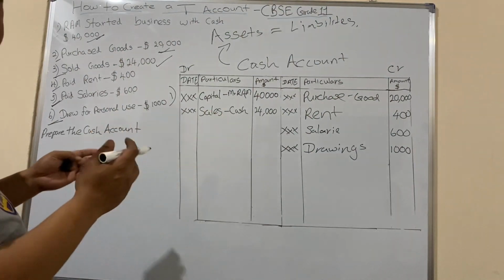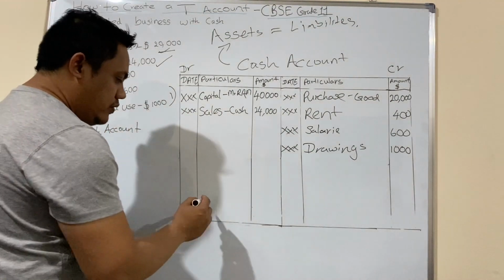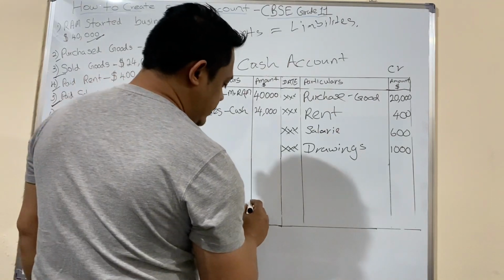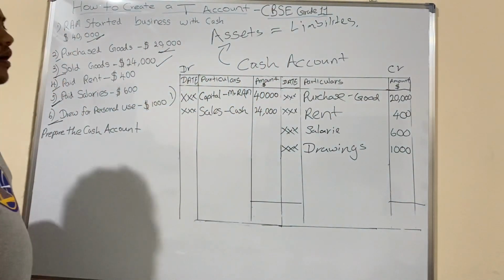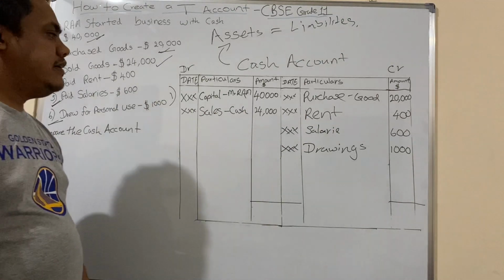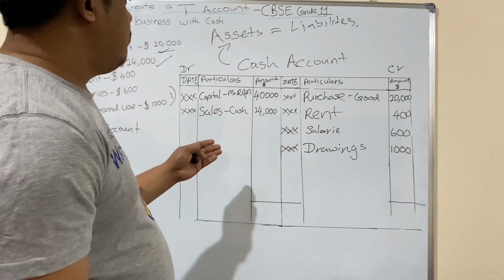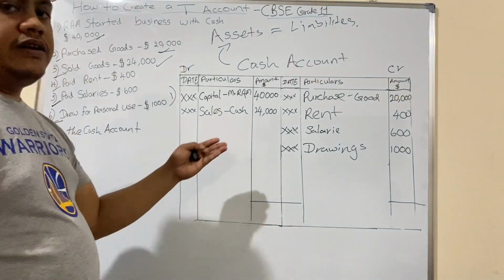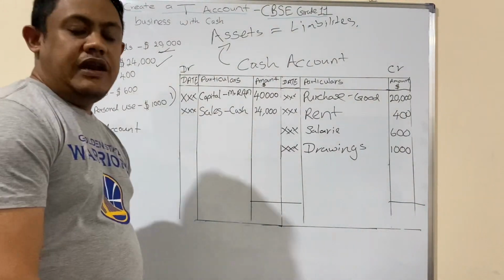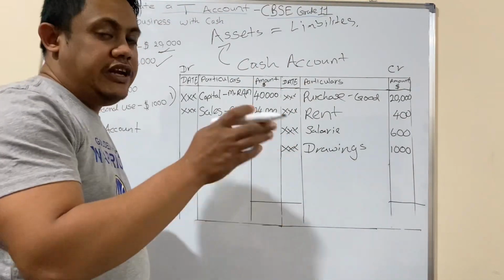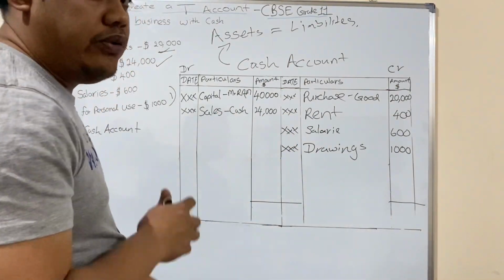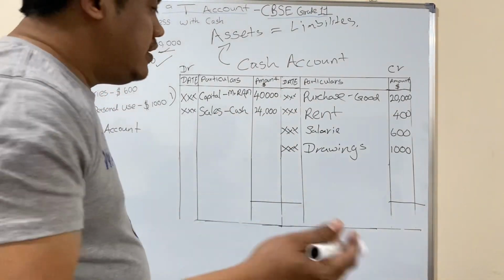Now all the transactions we have done. Now we can close the accounts. Okay, let's see. We'll calculate and see. You can see every time the cash balance should be a debit. Why? To run a business you need money. If you don't have money, you cannot run the business.